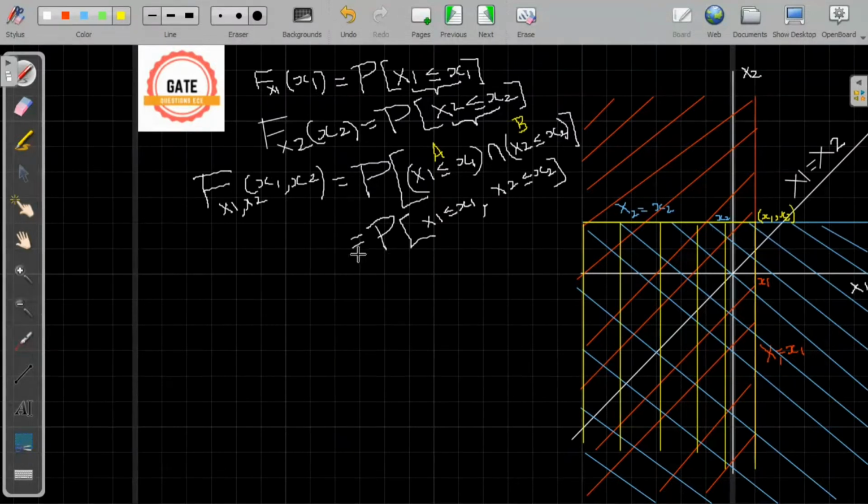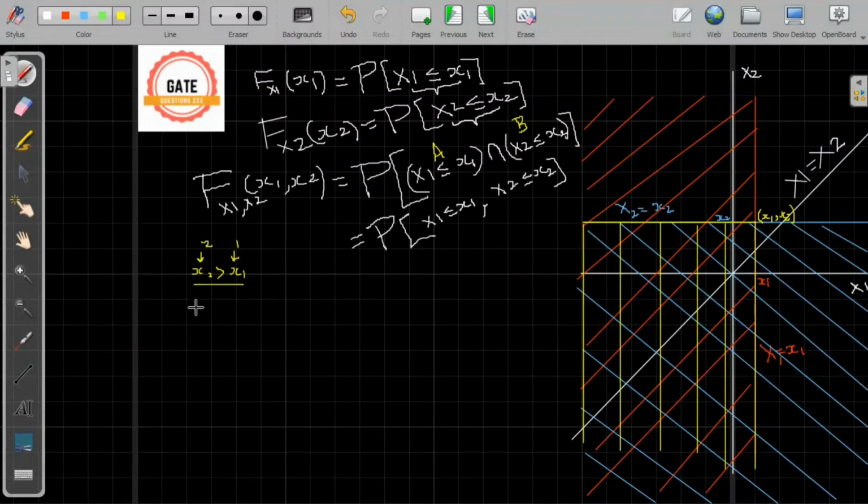Here, while drawing this diagram, I have assumed that x2 is greater than x1. So for example, x2 can be 2 and x1 can be 1. In such cases, this corner of the region of our interest will lie above this x1 equal to x2 line.